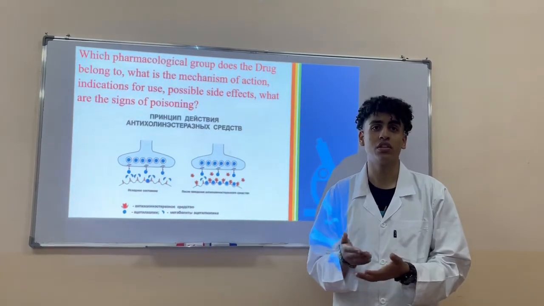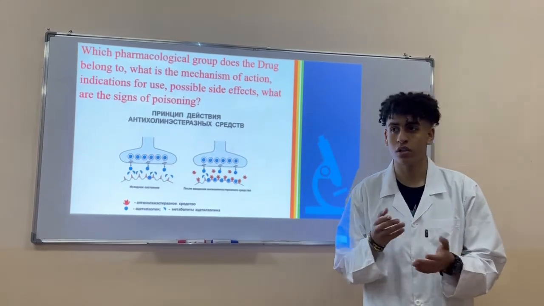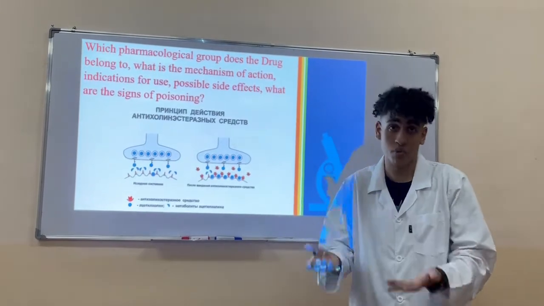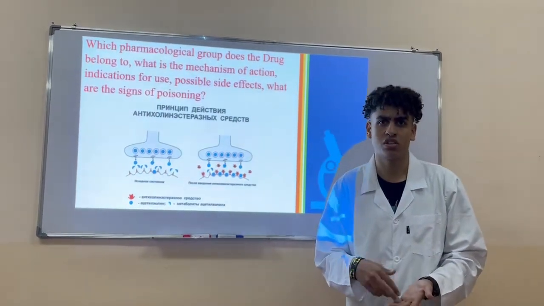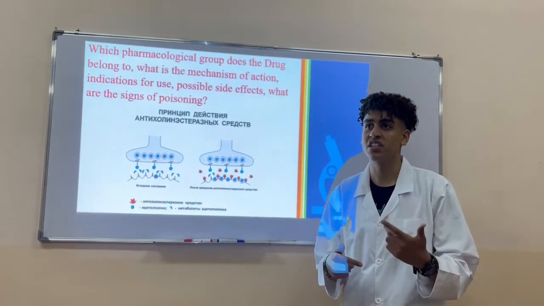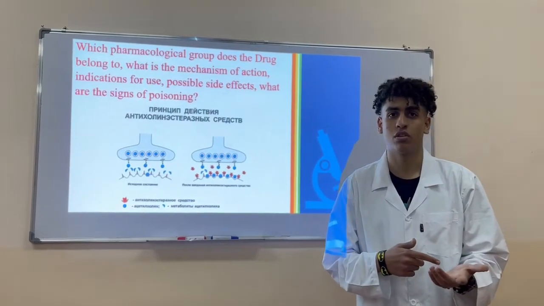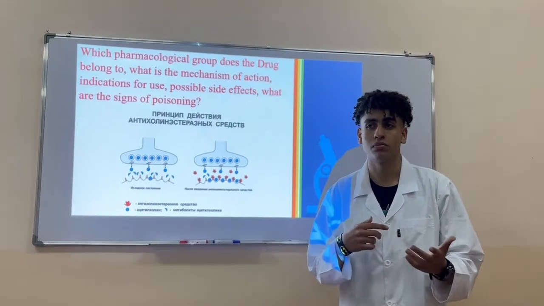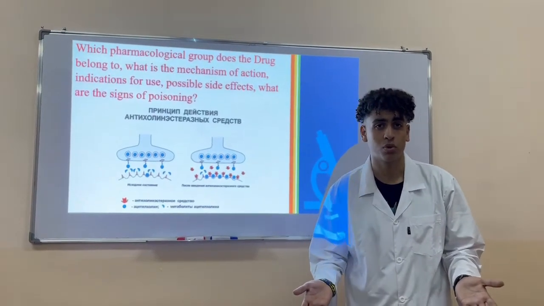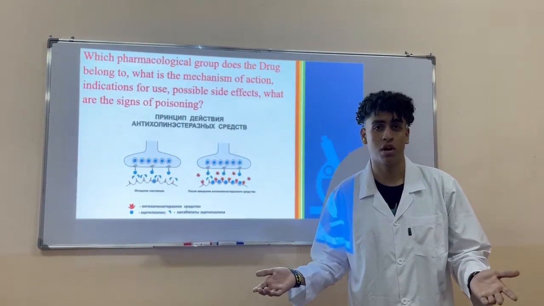It's used for treating the symptoms of myasthenia gravis, and also some other diseases, disorders or abnormalities, such as urinary retention, or the reversal of nondepolarizing neuromuscular blockade, and some other disorders.